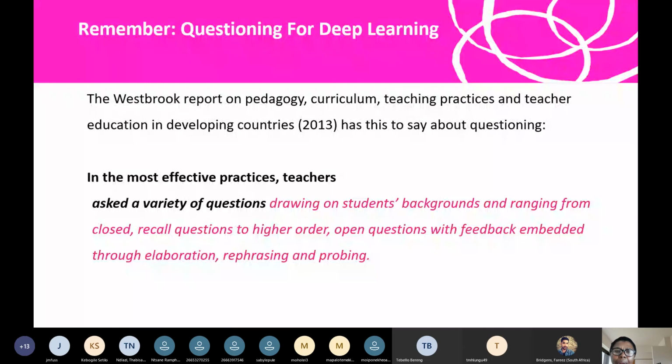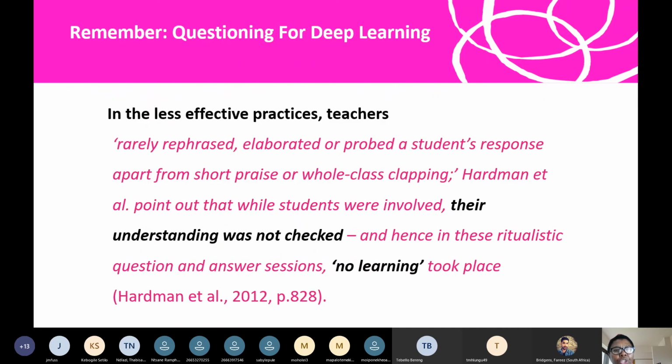So in our classrooms, let's ensure that there are open questions, there's feedback, you probe your learners, you make them elaborate. If they have not understood a particular question, then as a teacher, you've got a responsibility of rephrasing. Okay, this is an effective practice by teachers.